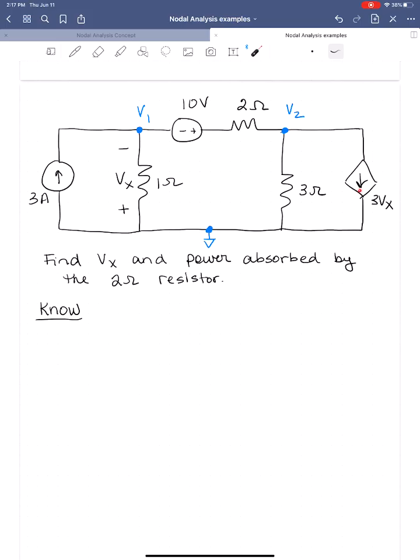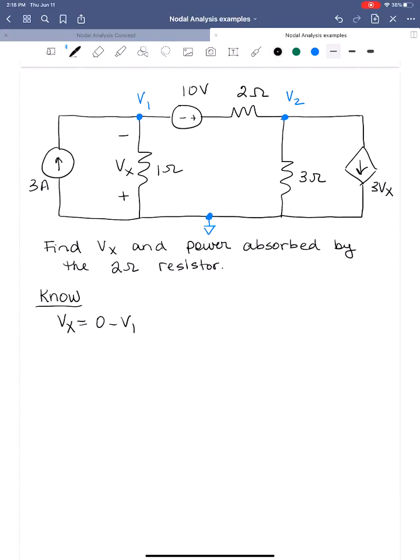So the current provided by the source is a function of the resistance 1, the voltage drop across that resistance Vx. And what is Vx in terms of the node voltage variables? Vx is equal to plus 0 minus V1. Okay, so we know that.